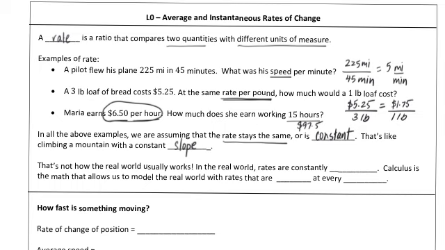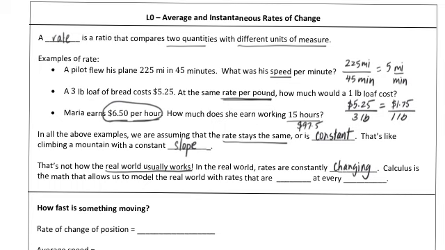So the thing is that that's not how the real world usually works. In the real world, rates are constantly changing. If you climb a mountain, you're going to have different slopes at different places. If you're flying a plane, you're not going to fly at exactly the same speed every instant.